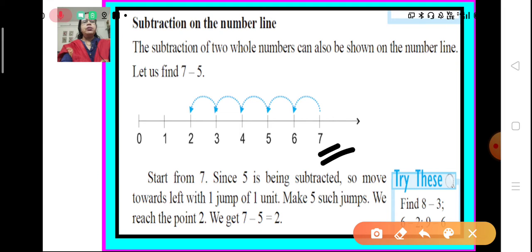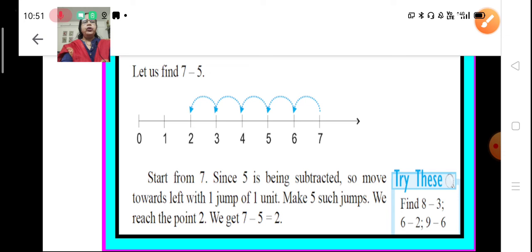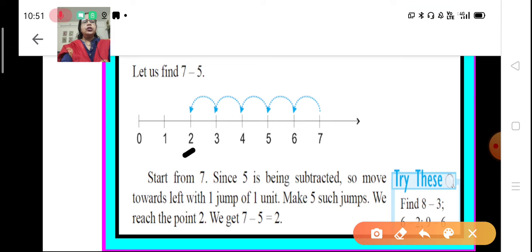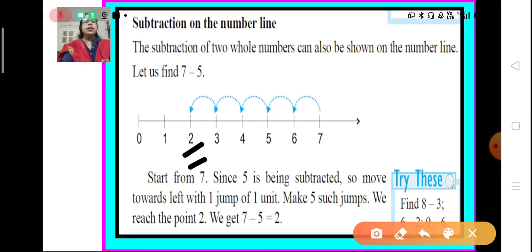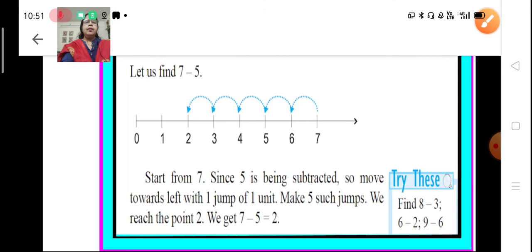We start from 7 and we make 5 moves towards the left. Towards the left we move 5 times, and where do we reach? We reach 2. So, 7 minus 5 becomes 2. Alright. This is how we add or subtract the numbers on a number line.